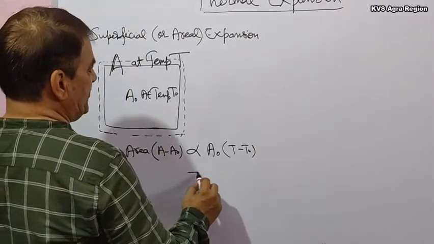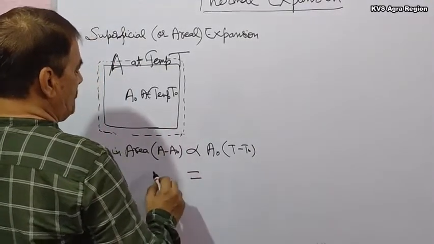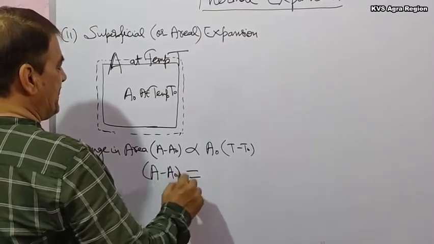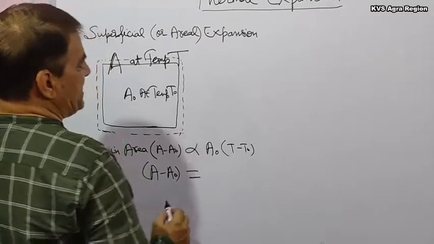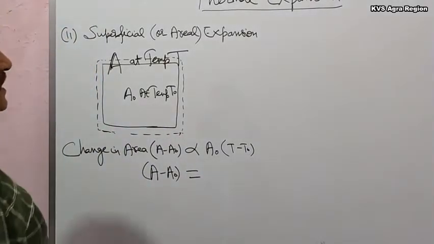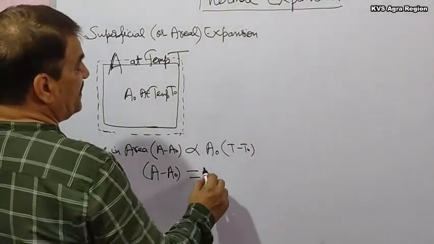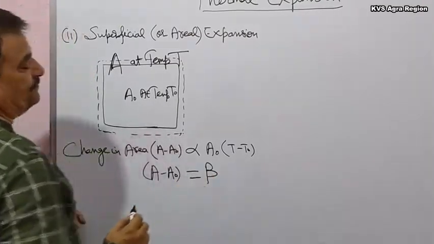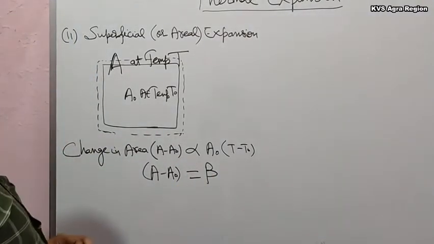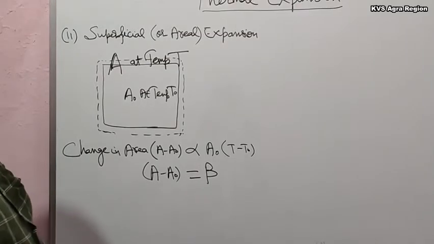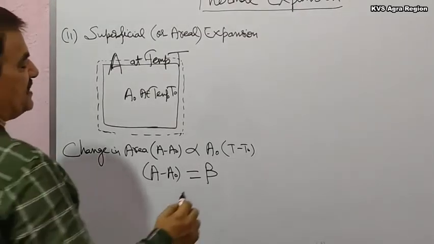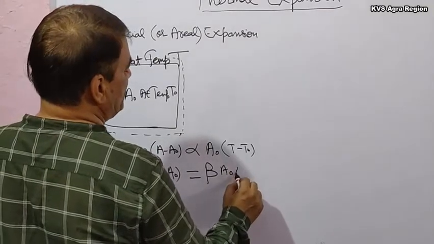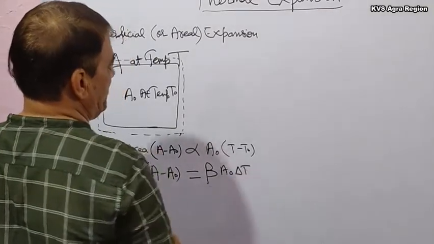In order to replace this sign of proportionality, the constant of proportionality is beta. So A minus A0 equals beta A0 into T minus T0, which is delta T.